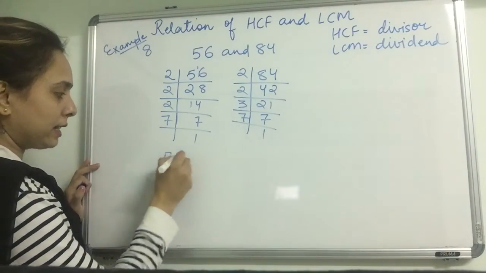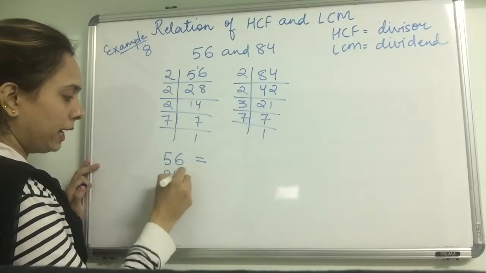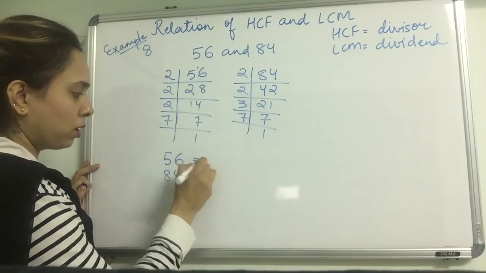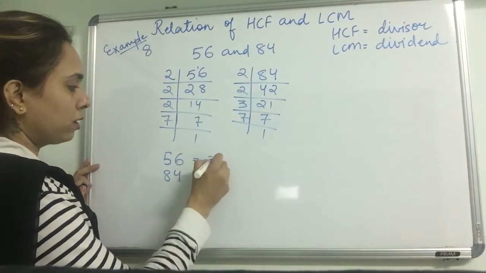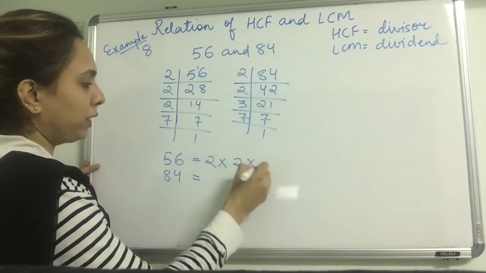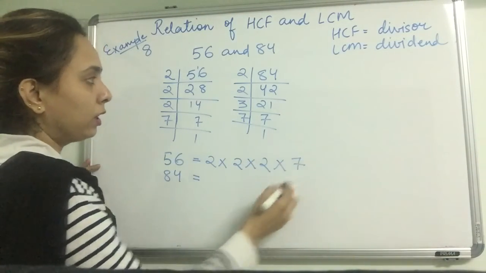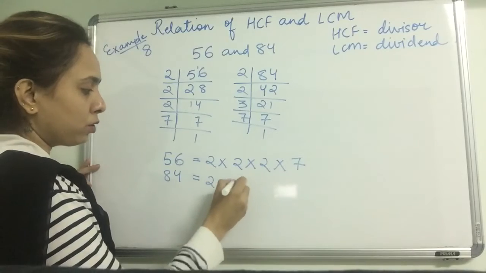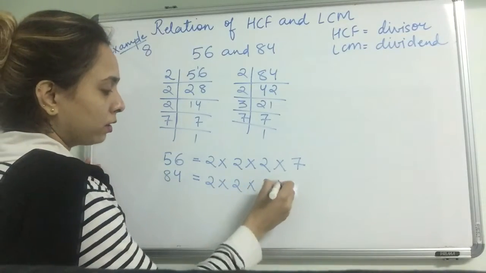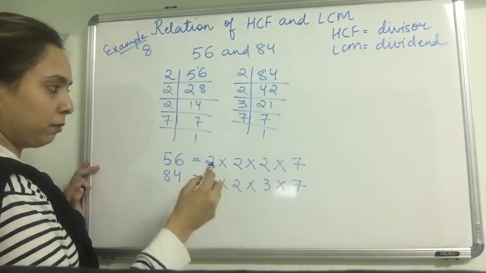So 56 is equal to 2 into 2 into 2 times 7, and 84 is equal to 2 times 2, 1 times 3 and 1 times 7.